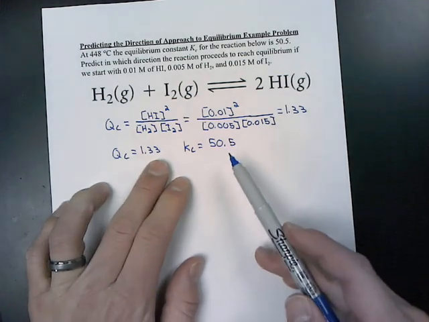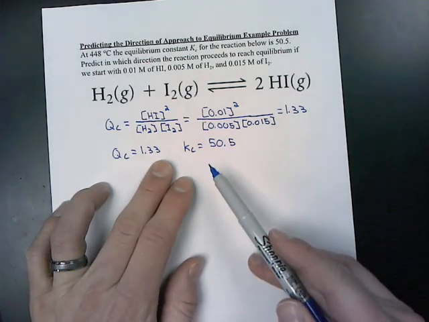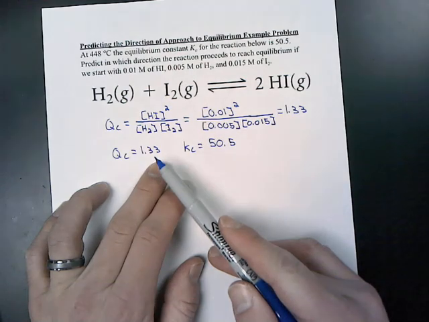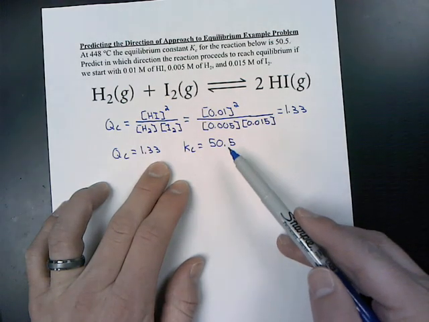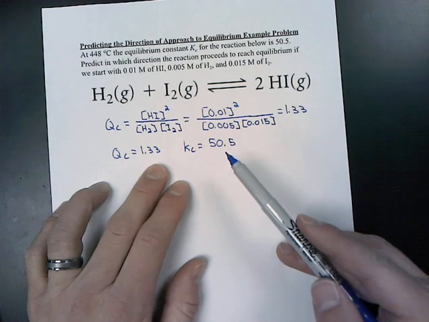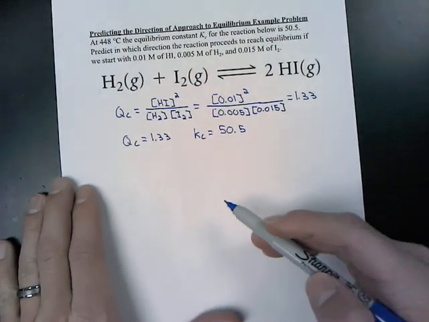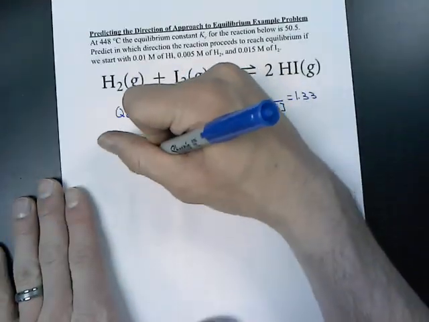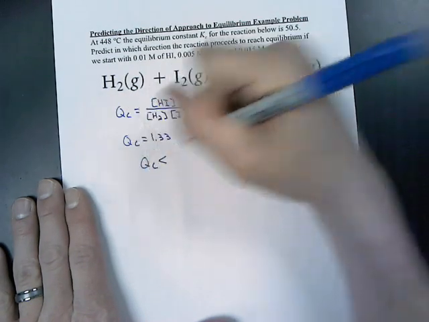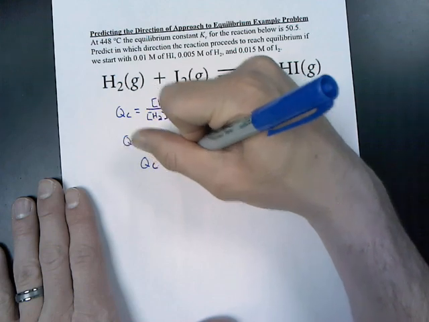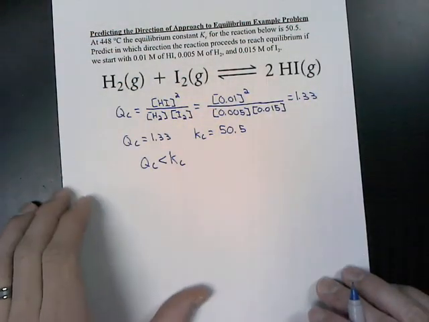Now, all we have to do is compare these two numbers. So our Qc, which is 1.33, is much, much, much smaller than our Kc. So the scenario that we have in this particular example is Qc is much less than our Kc.